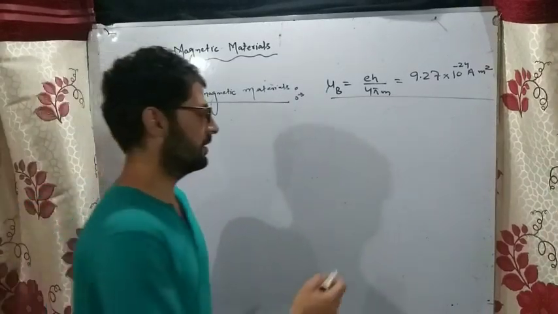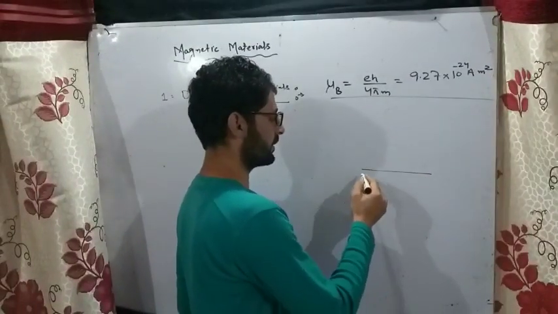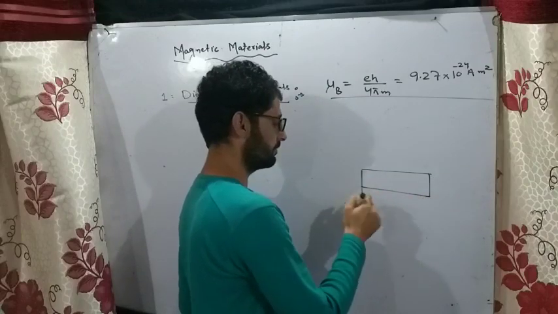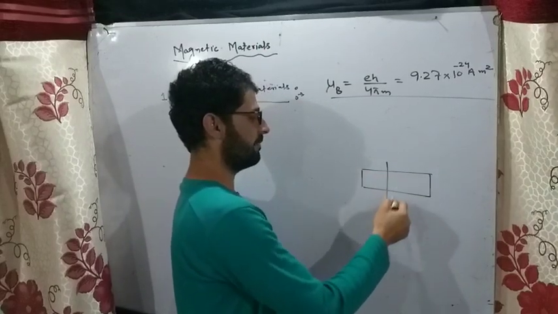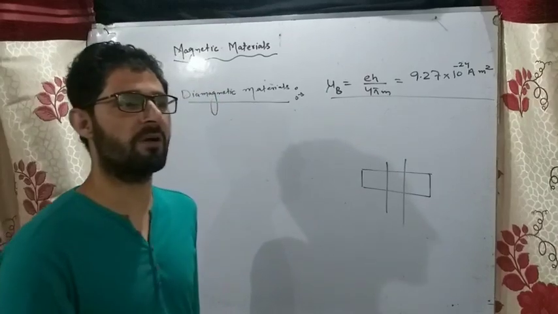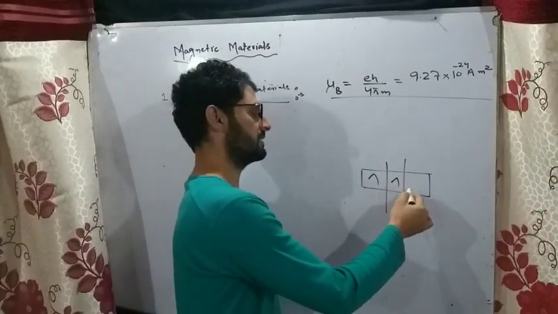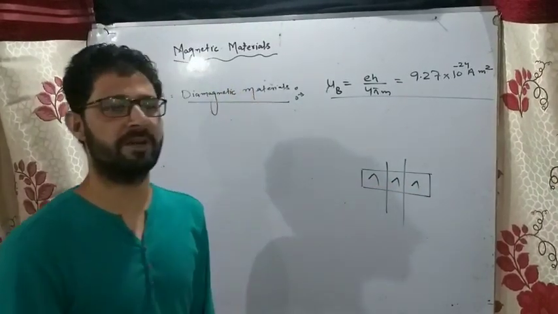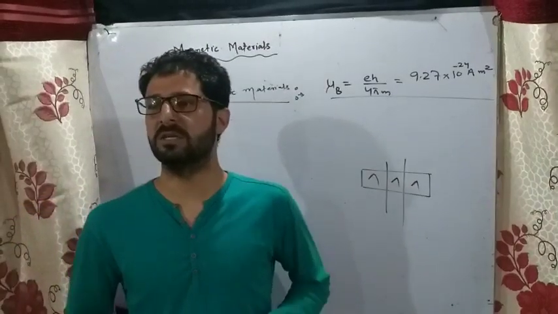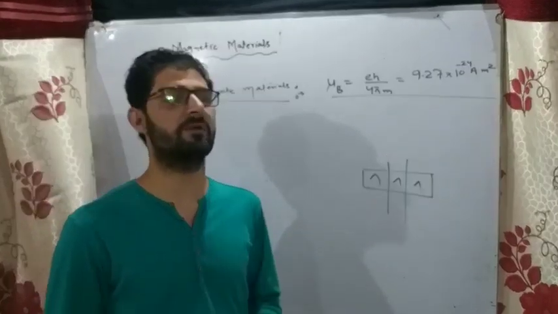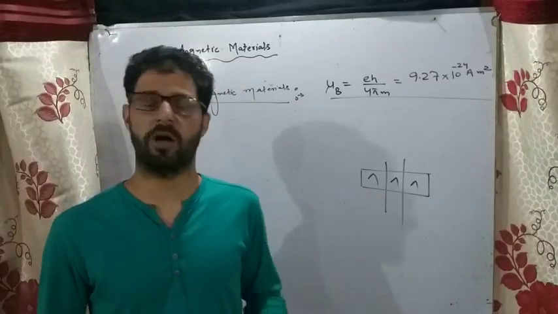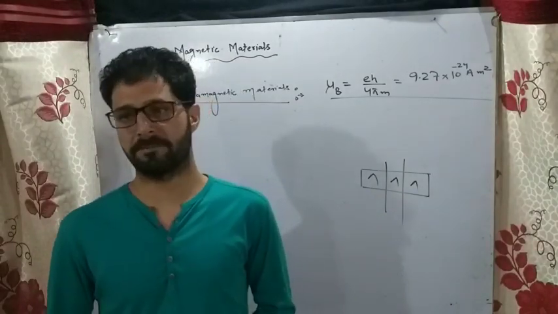For example, if we are talking about an element which has unpaired electrons in its valence shell, then it will behave either as a ferromagnetic or as a paramagnetic.